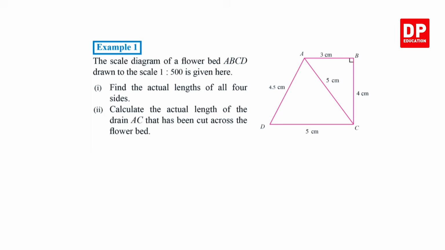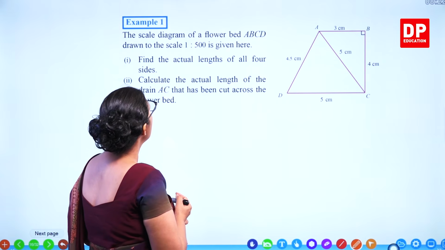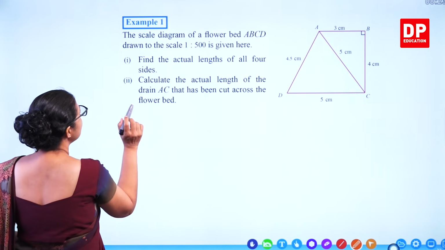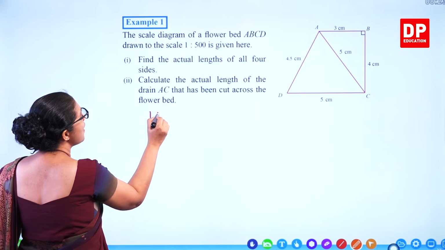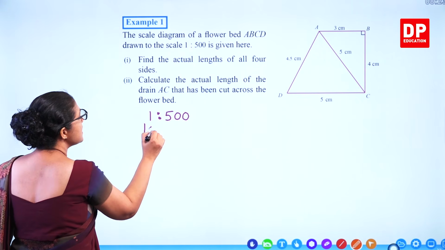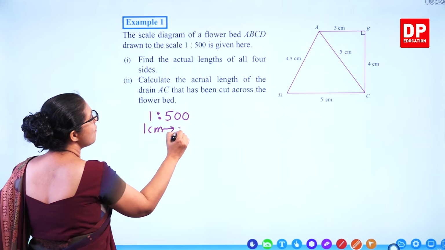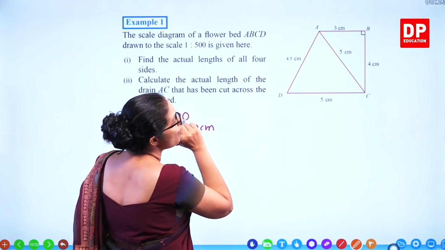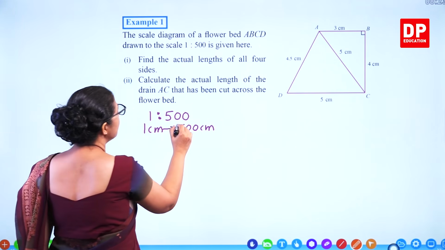Example number 1. The scale diagram of a flower bed ABCD drawn to the scale 1 to 500 is given here. Find the actual lengths of all 4 sides. So 1 to 500 means 1 centimeter represents 500 centimeters, or we can convert to meters.